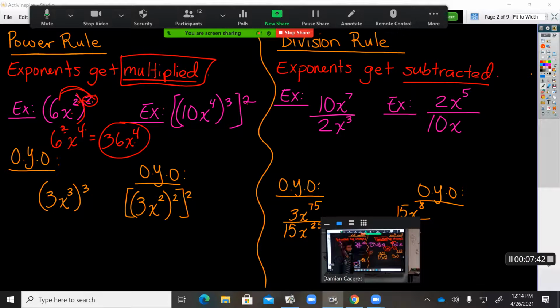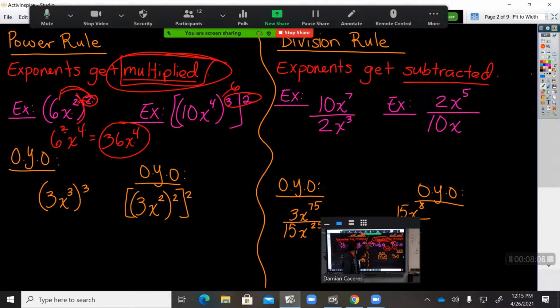Move on. Look at this next example. Be careful, because this is one that people make a mistake on. Okay? Look over here. Is the 4 outside of the parentheses? No, that 4 is not outside the parentheses. Only the ones that are outside of the parentheses get multiplied. So 3 times 2 is 6.